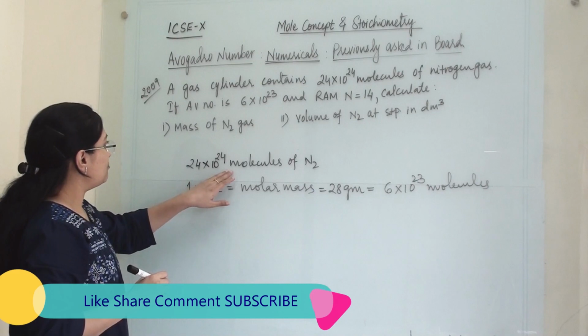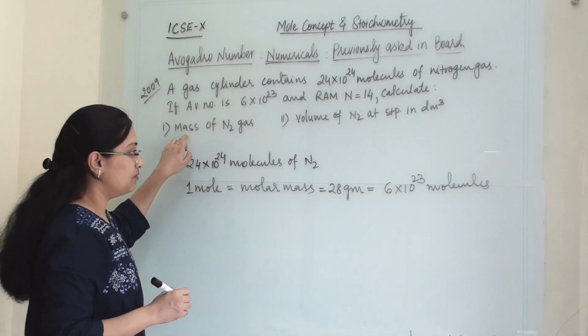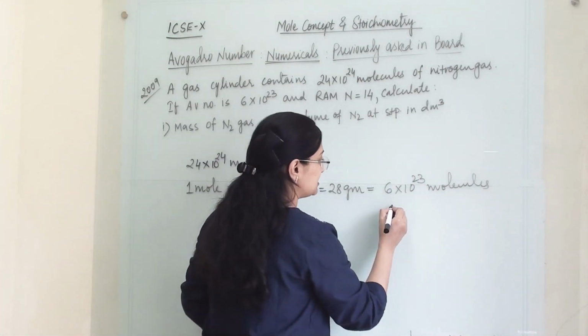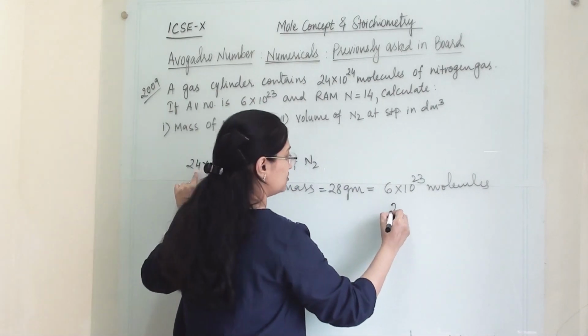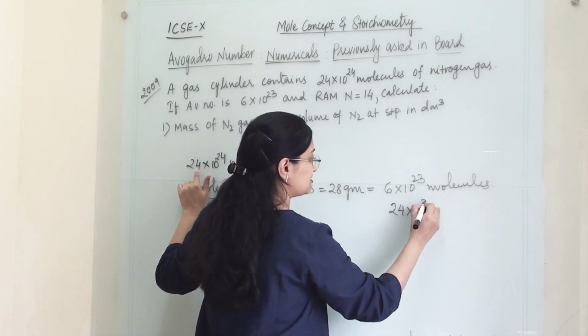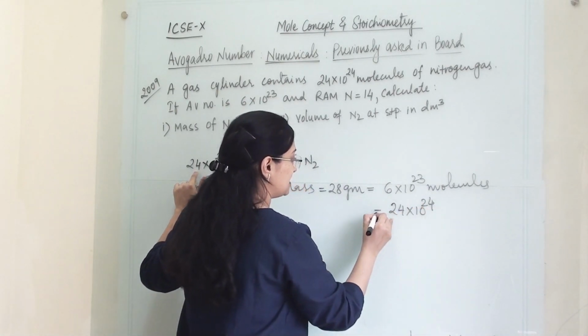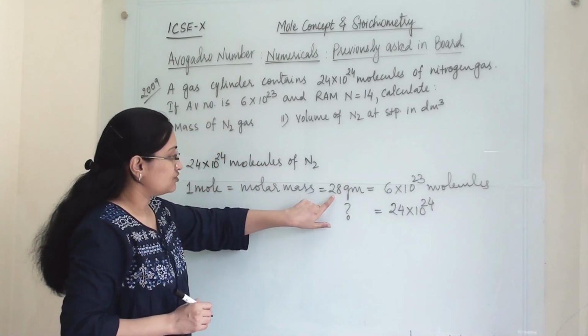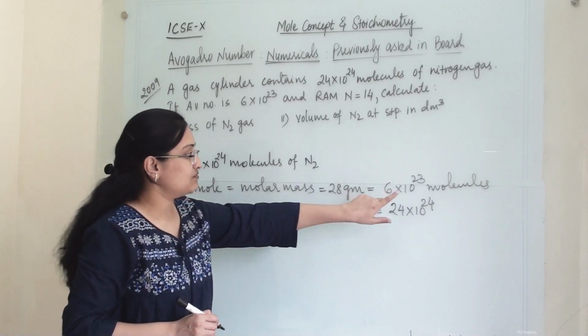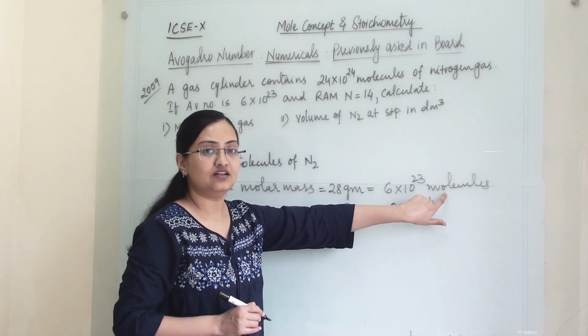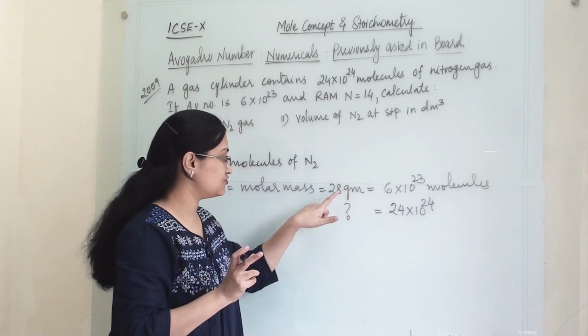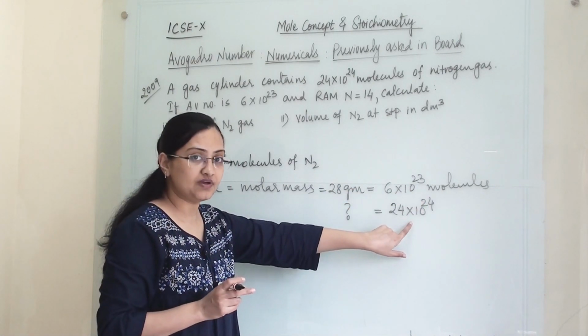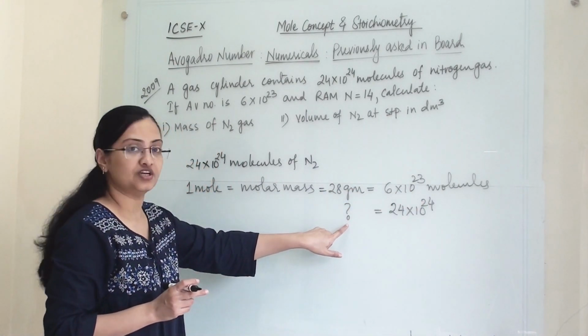Now we have molecules and we have to find out mass. So here we are writing how many molecules we have: 24 into 10 raised to 24 molecules. Then how much will it weigh? For 28 gram, this is the standard number of molecules. This is the molar mass. So for this many molecules, how much will it weigh?